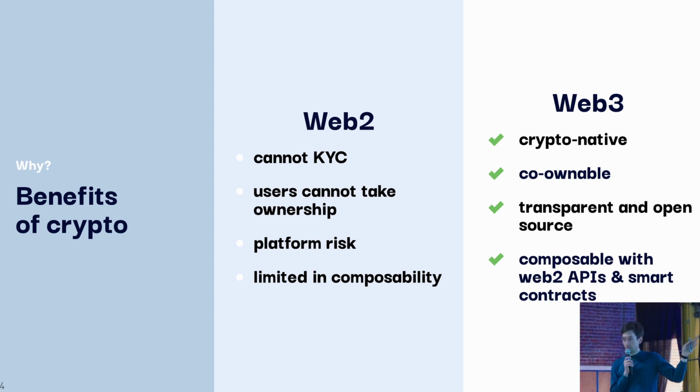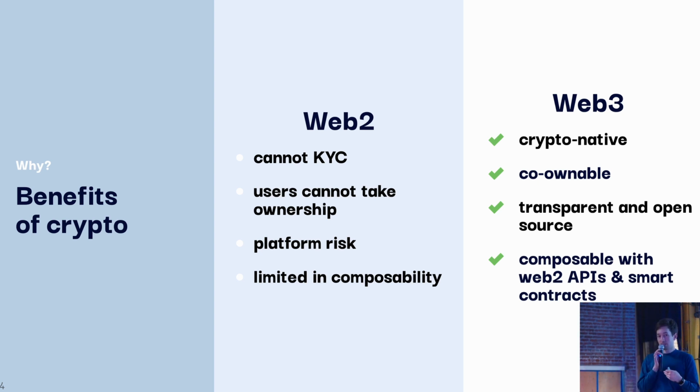You have to KYC for everything and everyone. You have to accept the fact that you can't take ownership for most things. You can rent them at best. You almost always have platform risk. In the best case, you have some good end user service agreement, but the company could still go bust. In the worst case, they'll just shut it down tomorrow. And then there's the whole thing of limited composability.